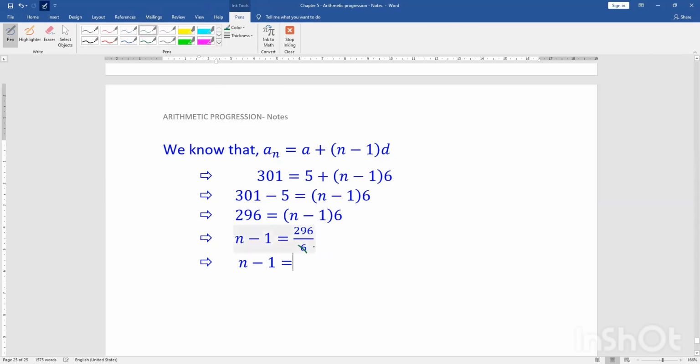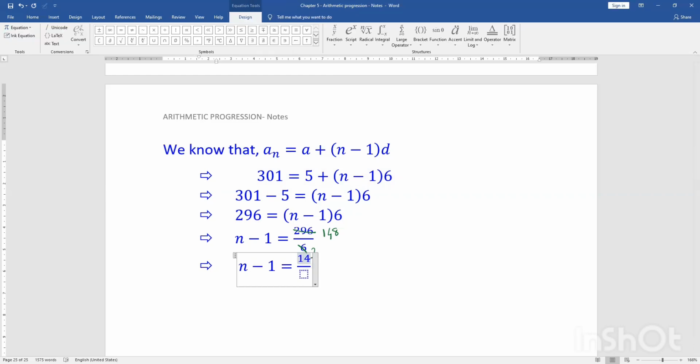You have 3, 2 3s are, 2 1s are, 2 4s are 8, 2 8s are 148 by 3 you get. So it is not further divisible. It doesn't go exactly, 148 by 3.